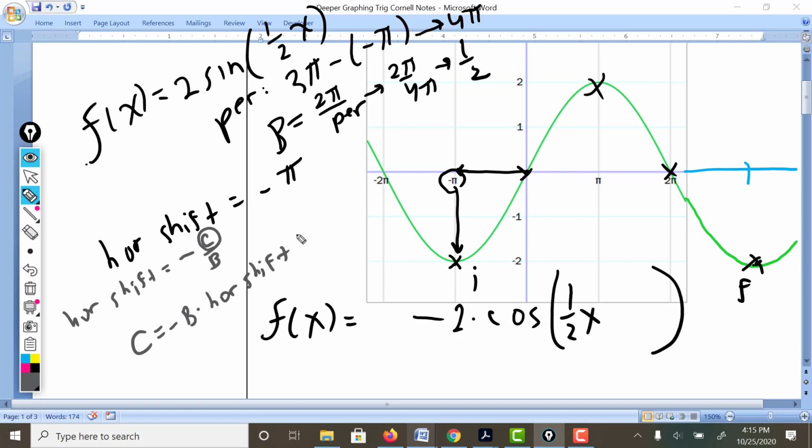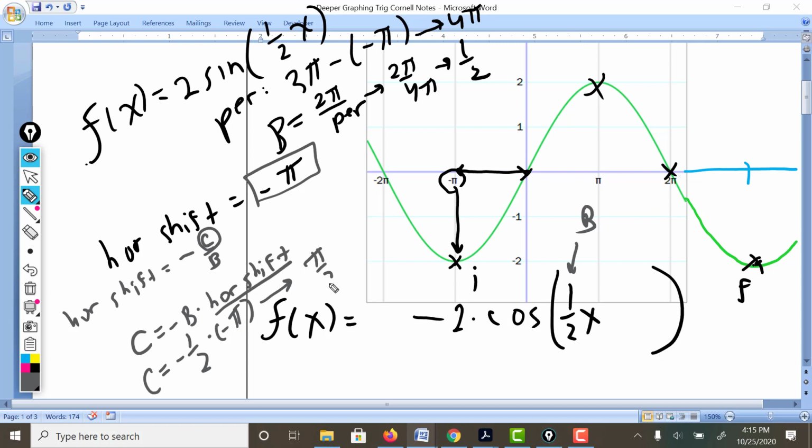And we know what b is. B is 1/2. So what I'm proposing to you is c is negative 1/2 times the horizontal shift. The horizontal shift is negative pi. So that makes c equal to pi over 2. That's pretty fancy stuff.